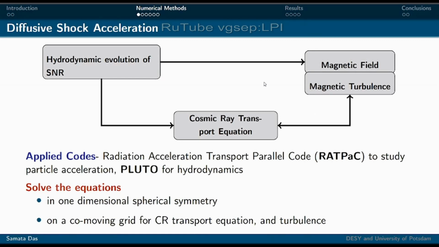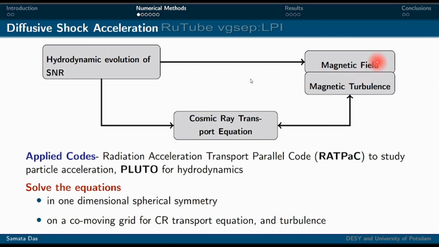To solve this diffusive shock acceleration at the supernova remnant forward shock, we obviously need to solve the cosmic ray transport equation, and for this we need the total hydrodynamic evolution of the supernova remnant and the magnetic field, because the magnetic field is directly related to the diffusion coefficient, which controls the transport and spatial distribution of the particles inside the supernova remnant, and hence the emission from the supernova remnant.